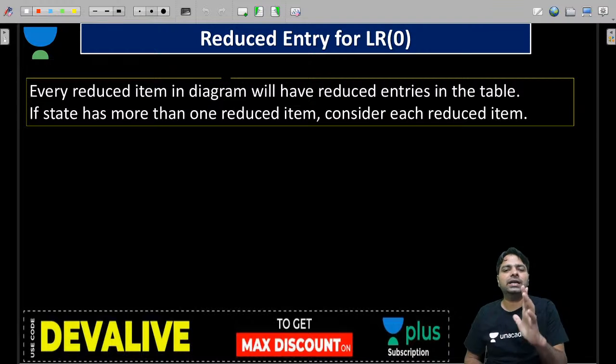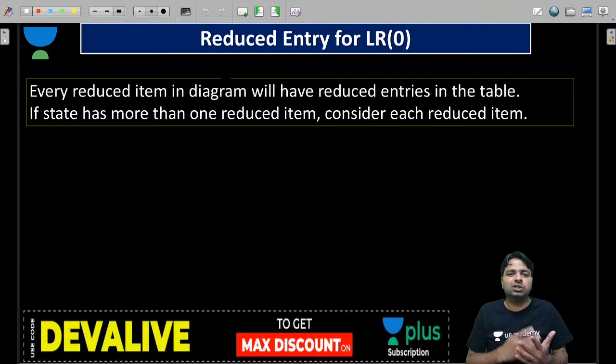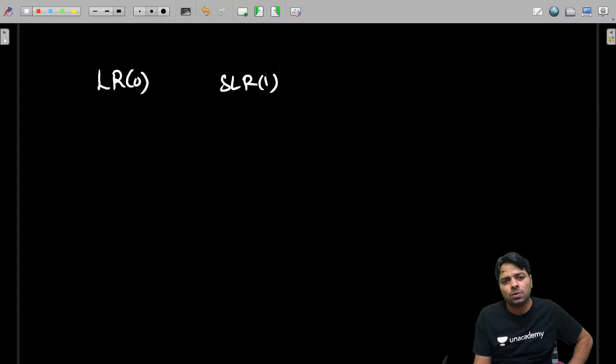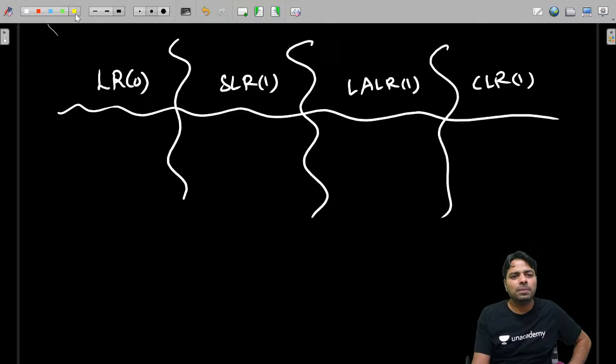Now the reduced entry is going to differ, because the follow power is different from one parser to another: LR0, SLR1, LALR1, CLR1. Before entering, guys, look at the history of all the parsers. If you look at the follow power, in LR0, whenever the item is reduced, it has no power.